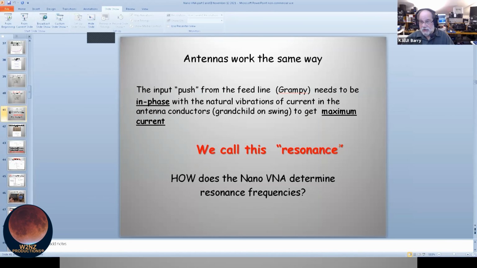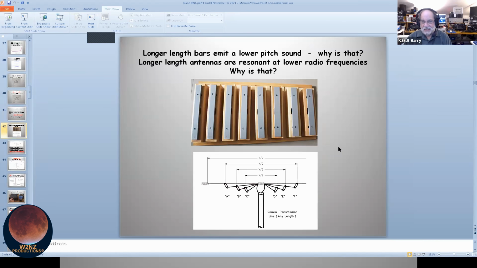Maximum current, maximum radiation, everyone's happy. That's resonance in an antenna. The timing is correct. How can my little $50 Nano VNA tell me, Grampy, when to push? Easy. The next slide.